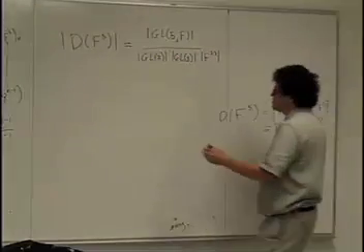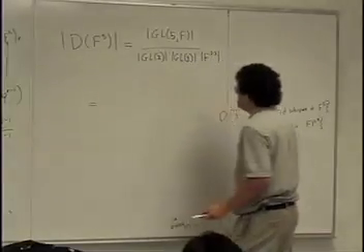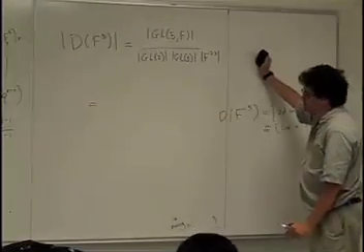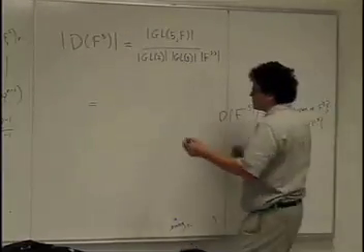That's what we're getting. But now, we see that each of these cardinalities of GLn is something we computed.